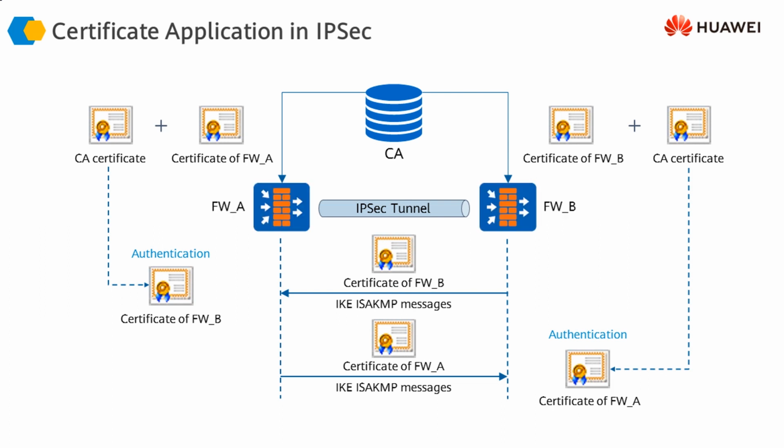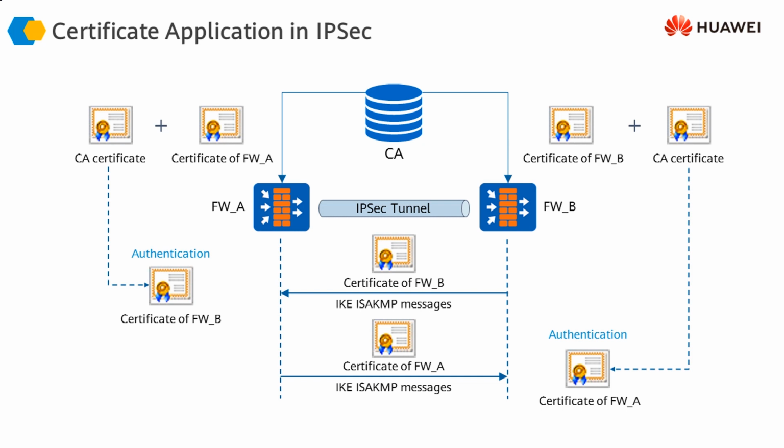So when firewall A wants to establish a connection or establish a security association with firewall B, it demands the local certificate of firewall B, and then it checks that local certificate using the CA certificate that it already has. Similarly, firewall B is going to authenticate firewall A using firewall A's local certificate and checking it with the CA certificate that it already has.